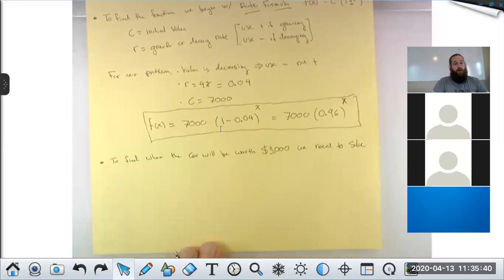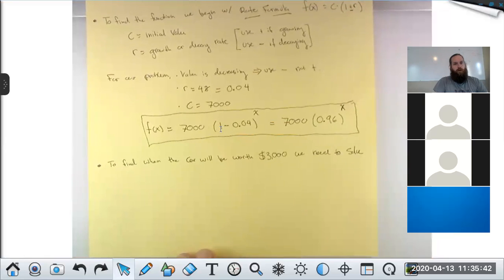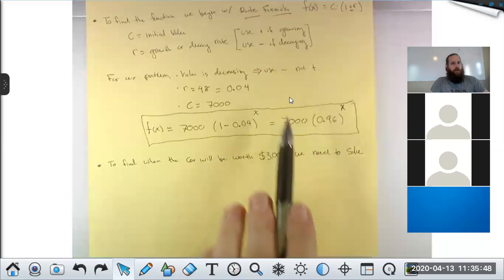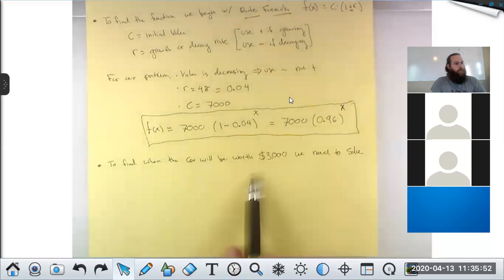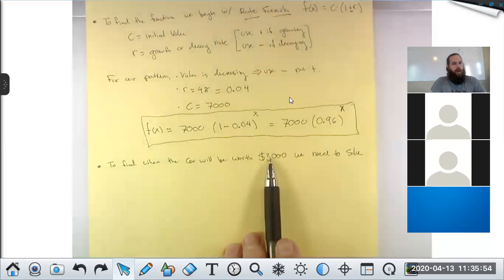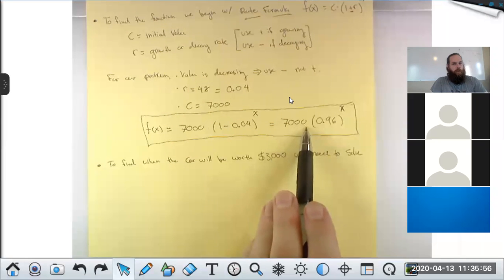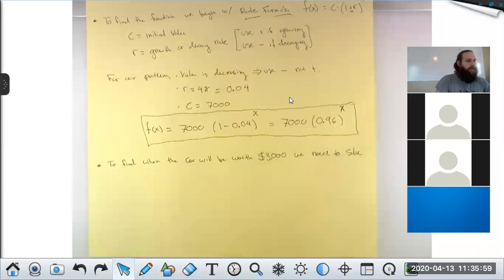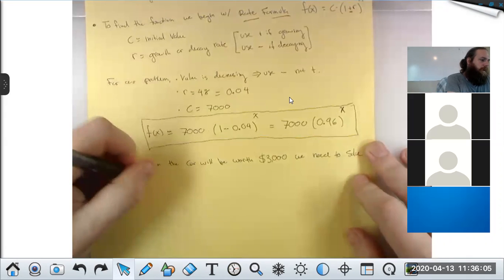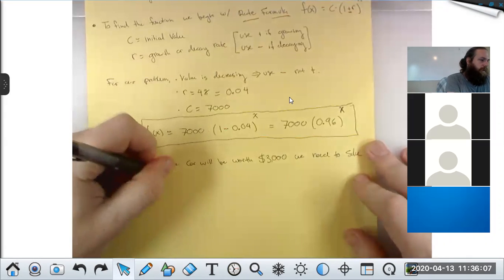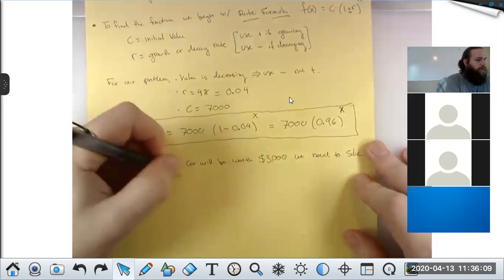That's setting up the equation, figuring out what equation you need to solve, and then also the actual solving. If this is the value of the car after x years, and I want to know when the value of the car will be equal to $3,000, I need to set the value of the car equal to $3,000. So I need to solve the equation 7,000 times 0.96 to the x equals 3,000.